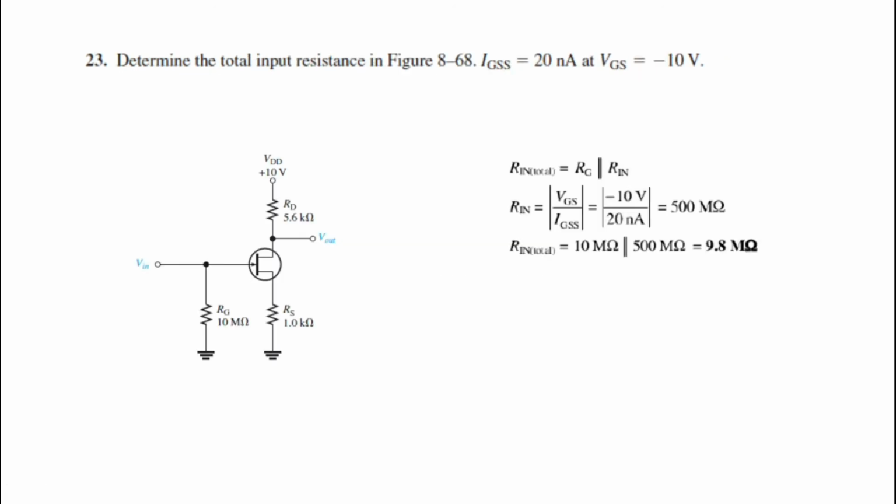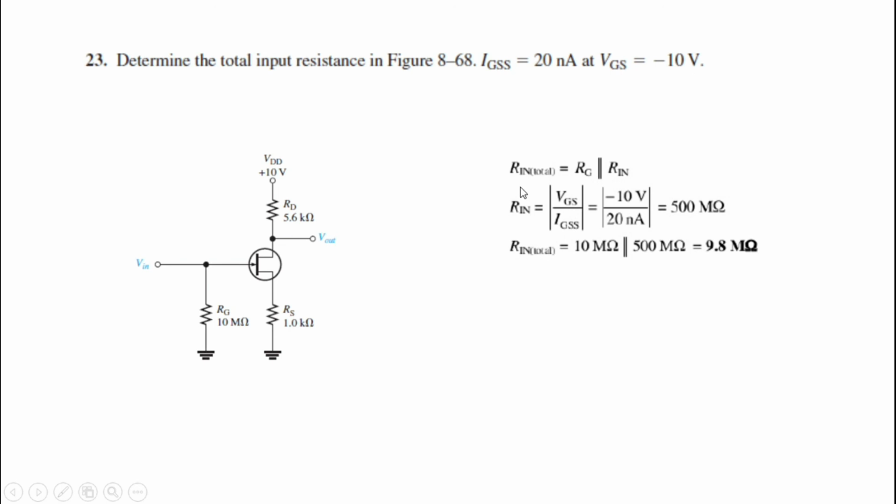Moving on to the next question, question number 23. I think this is the last question that I had missed. Question number 23, we need to determine the total input resistance in figure 868, where IGSS is equal to 20 nanoampere at VGS equal to negative 10 volt.